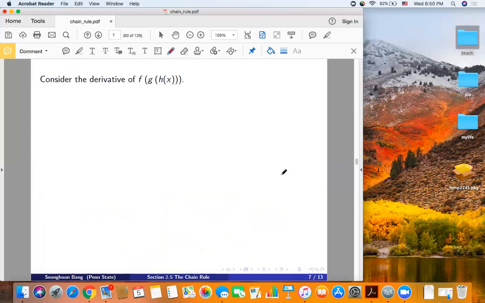So like this, one more. Consider the derivative of f of g of h of x prime. How can you find it? You can use the chain rule. F of the inner function g of x, the prime is the outer function prime of the inner function times the inner function prime. Is that right? Yep.